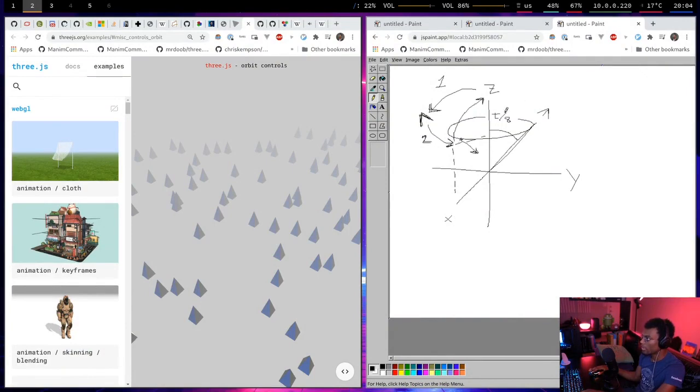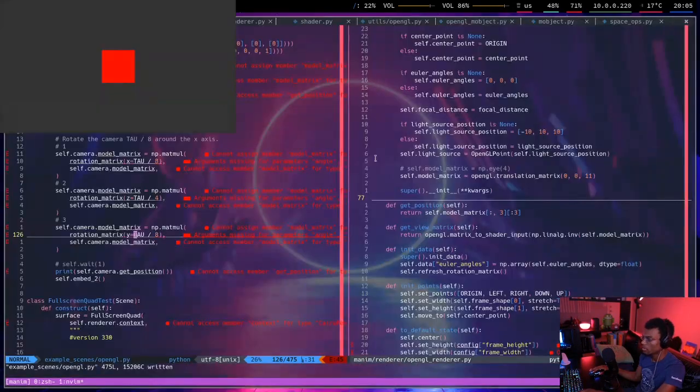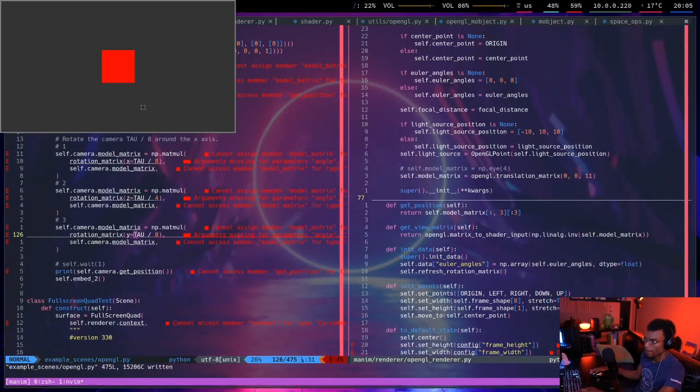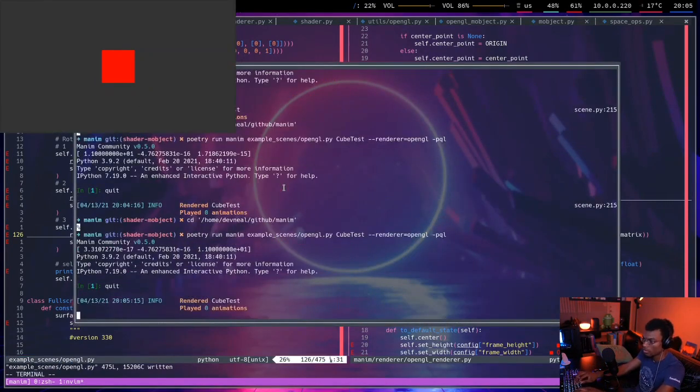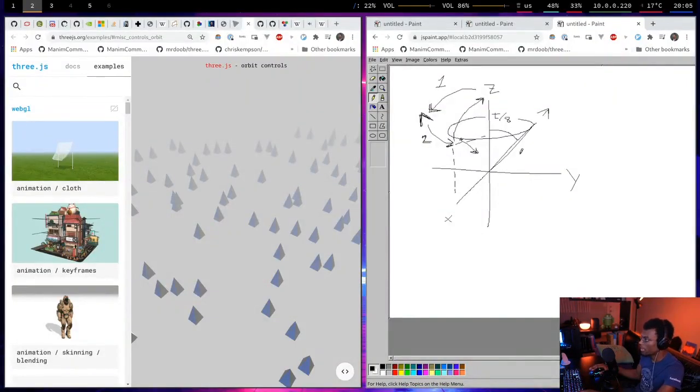Then the negative Y-axis should move up. You know what this might be? I might just be really bad at math. That might be what's going on here.